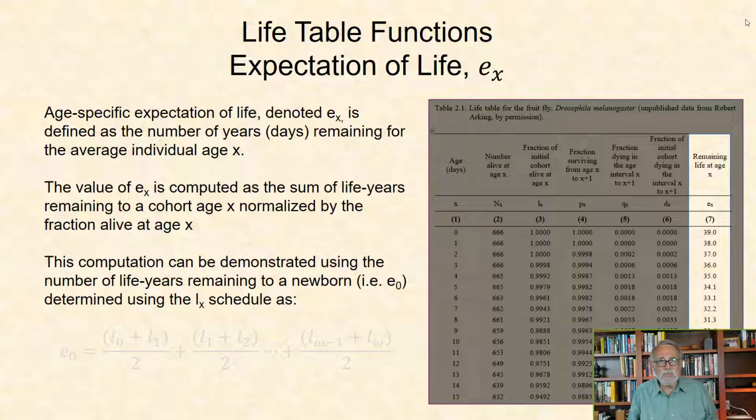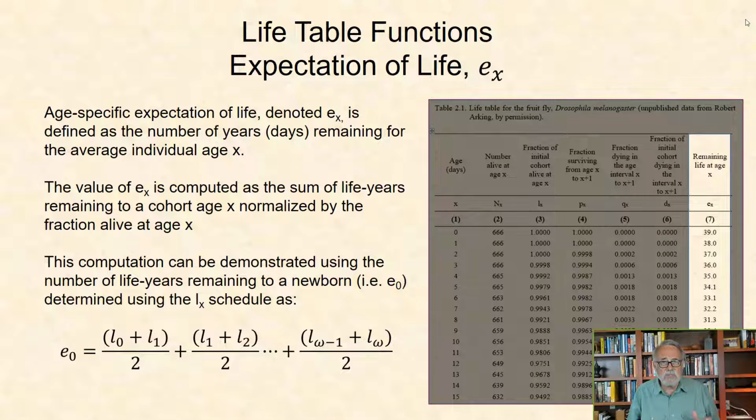This computation can be demonstrated using the number of life years remaining to a newborn, that is, expectation of life at 0, determined using the lx schedule as e0 equals the average of l0 and l1 plus the average of l1 and l2 through the average of the next to oldest and the oldest age.